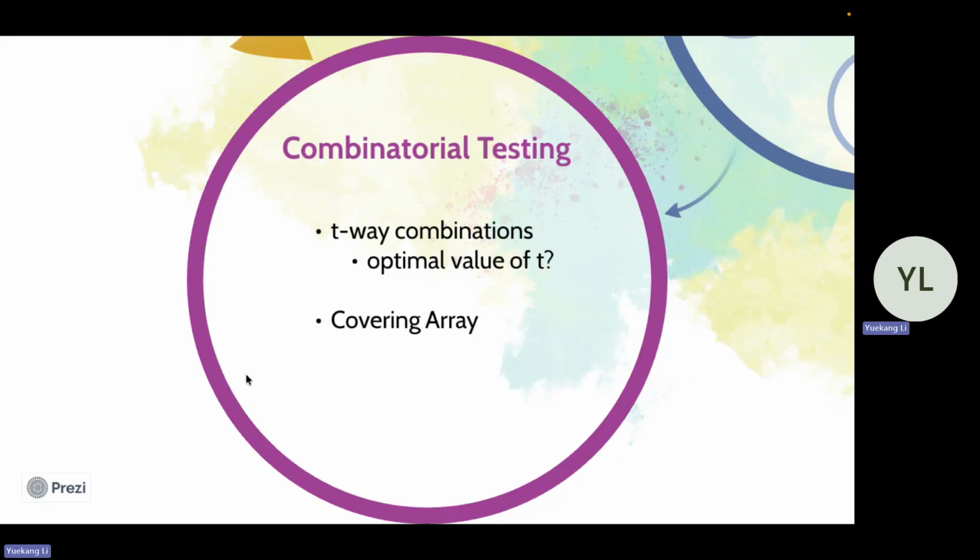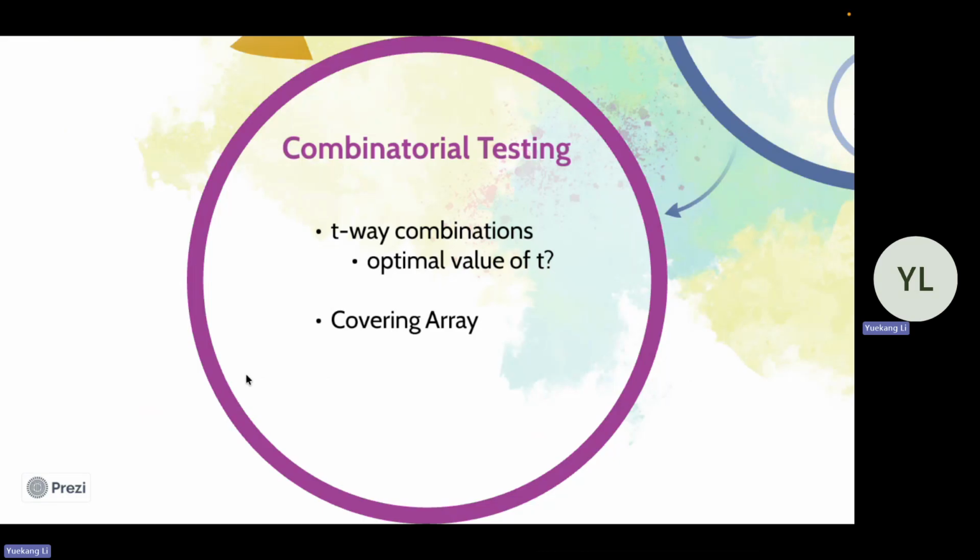And it's impossible to try all of them. So we have to do T-way combination. And T-way combination means that we only care about covering the patterns of permutations of T parameters. And the optimal value of T is normally 1, 2, or 3, right? And if we have a larger value of T, then the bugs we find won't increase a lot.